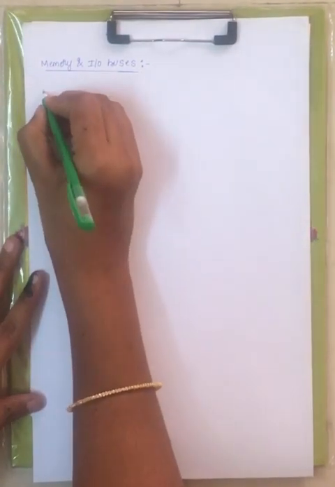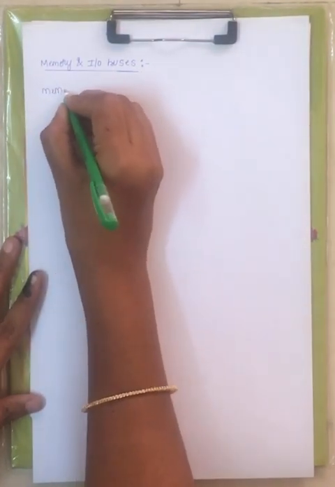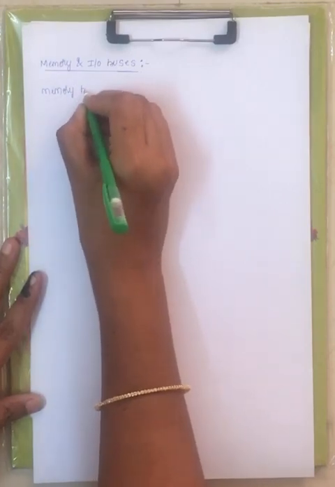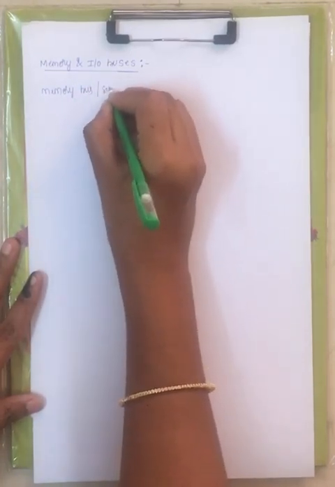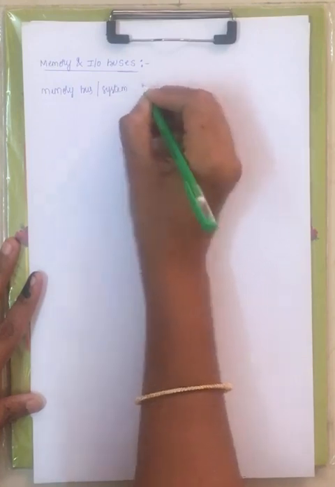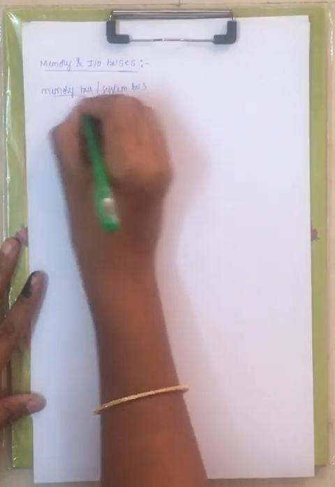Now let us see a brief description. Coming to the first bus, that is the system bus or memory bus. A memory bus is also called a system bus. Now what is a bus? It is used to transfer information from one place to another place.